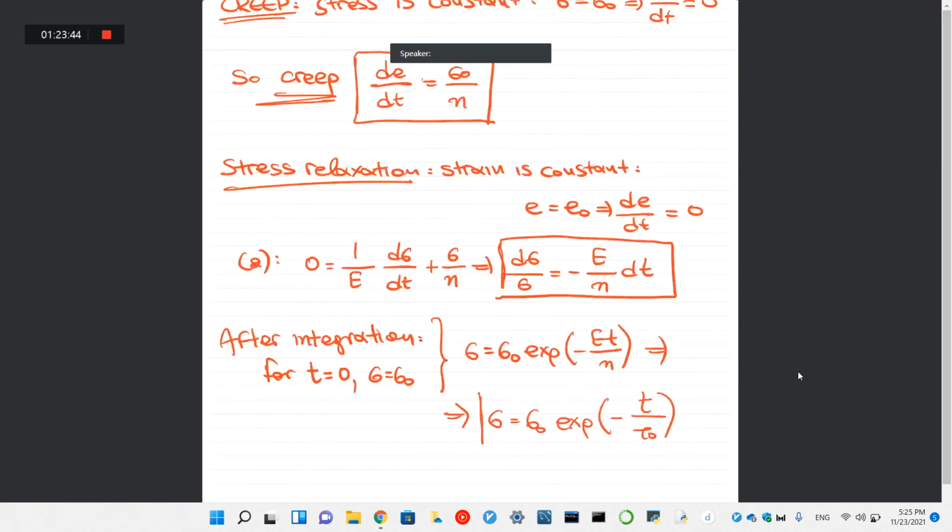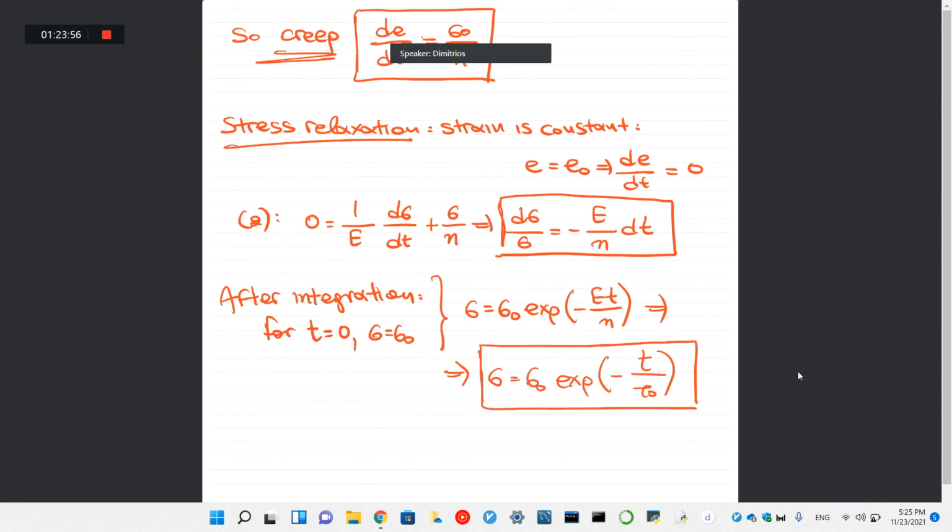Because we have already given the definition of tau 0 equals the relaxation time, where tau 0 equals eta over E, and sigma 0 is the initial stress.